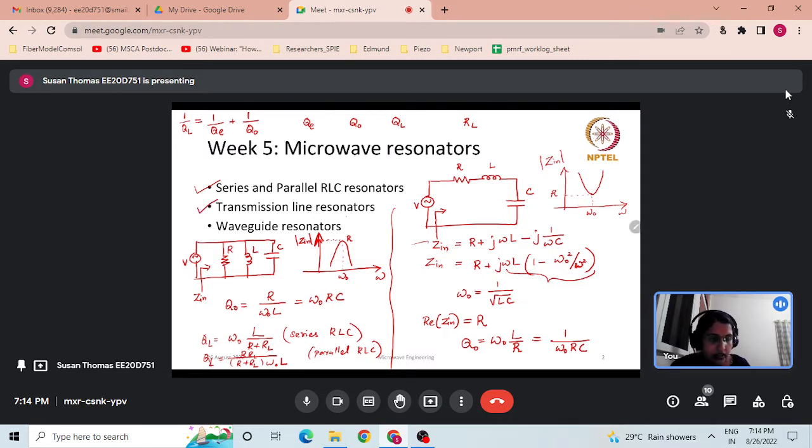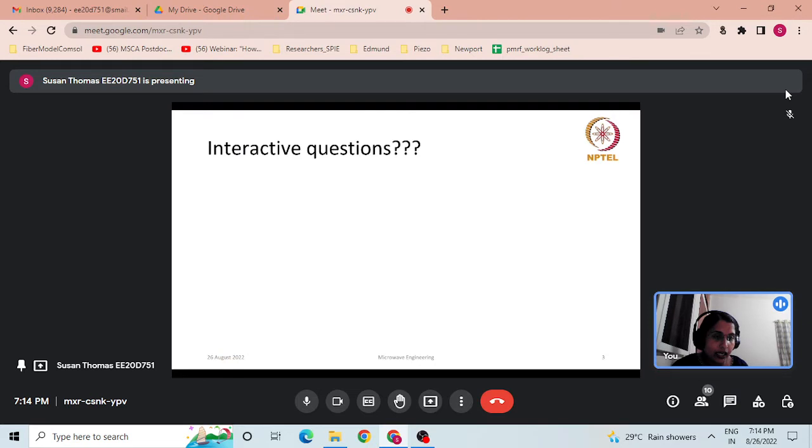Then the third topic is about waveguide resonators. To be more precise, all of you know that this is a kind of rectangular waveguide.